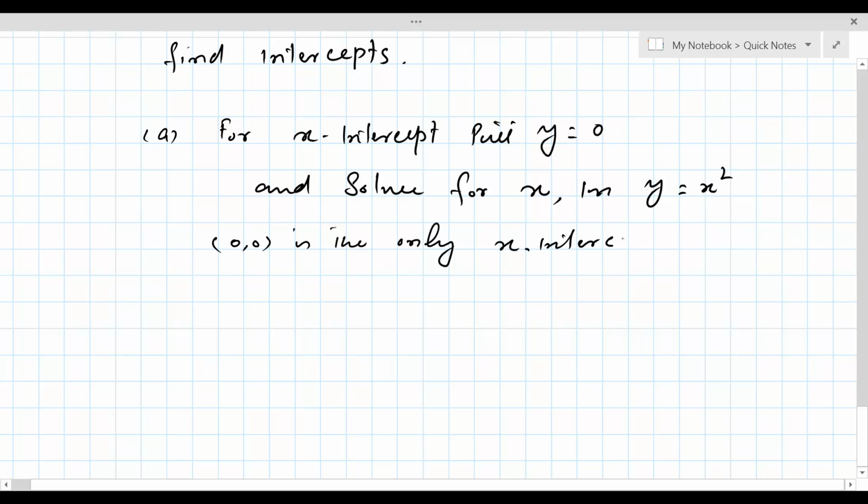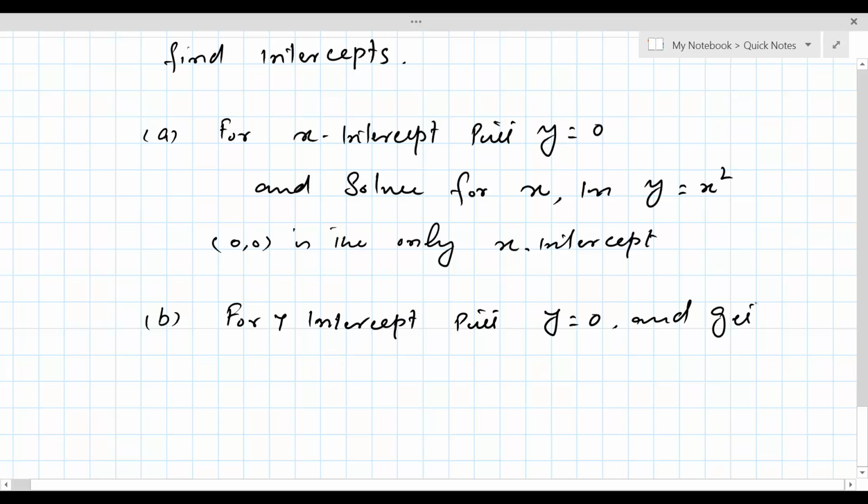And for the y-intercept, obviously we put x equal to 0 and get the value of y. This gives you the y-intercept.